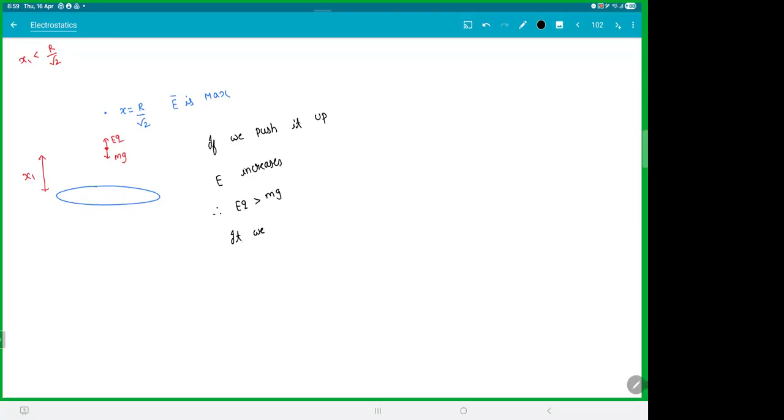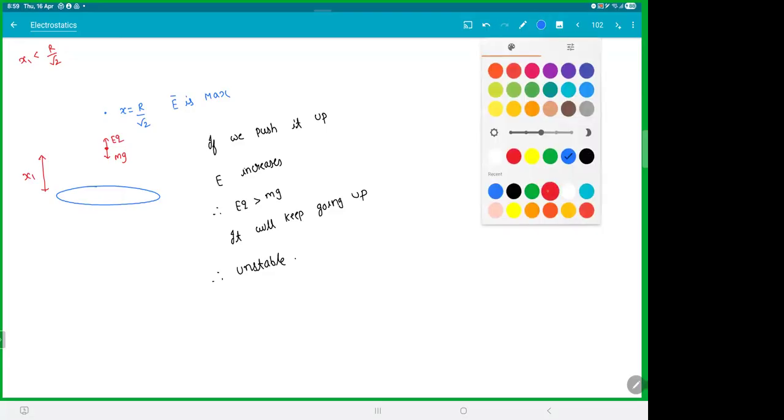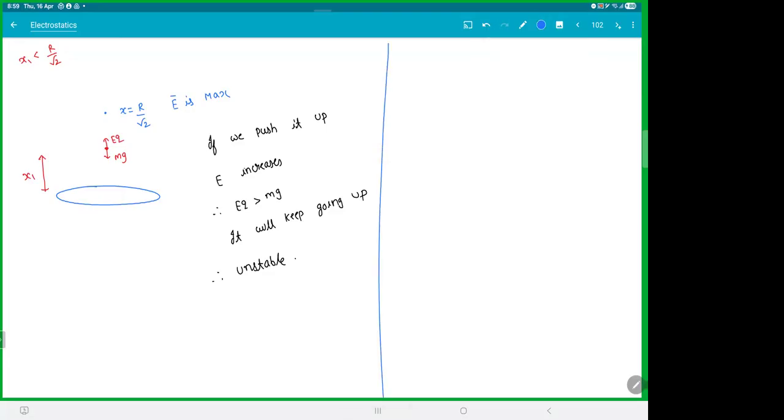This is not stable. If you disturb it, it will keep going up. This is an unstable equilibrium. Same thing, if I push it down, E will decrease, mg becomes greater than EQ, it will keep coming down. Understood how to check? A simple test: push it and see, is it coming back or going away?